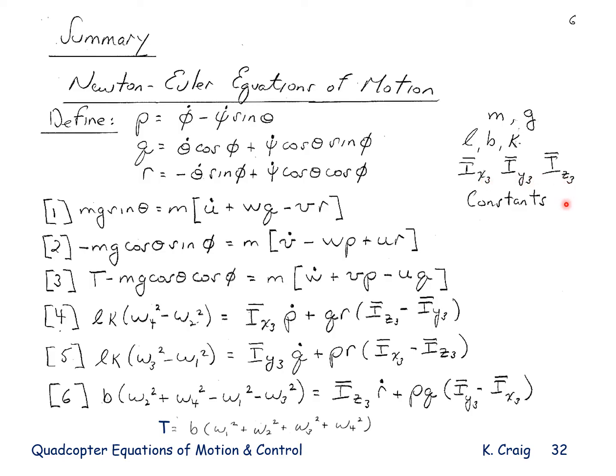These are all constants. Equations 1, 2, and 3 are my translational equations of motion. Equations 4, 5, and 6 are my rotational equations of motion. And the thrust T is defined by this expression here. This is the Newton-Euler approach to deriving the equations of motion.